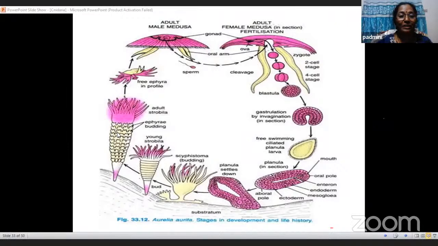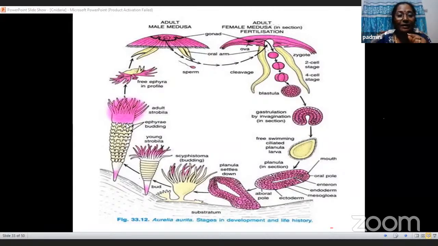All these buds are attached by muscular strings, and once they are ready to be chopped off from the parent strobila, the muscular strings are released and they fly out. It is something like removing each petal from a sunflower. In the same way, each budding layer is one ephyra.